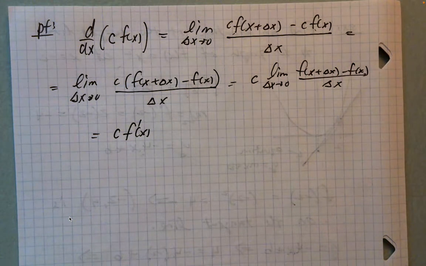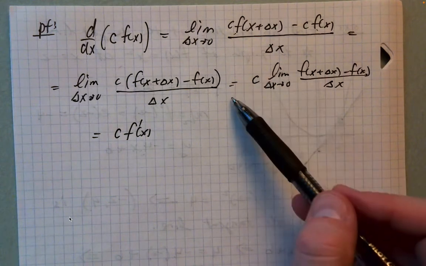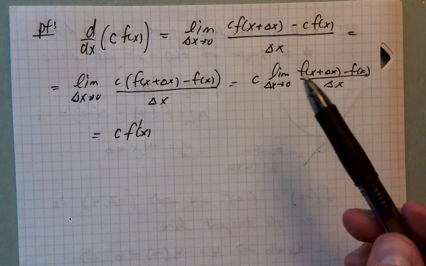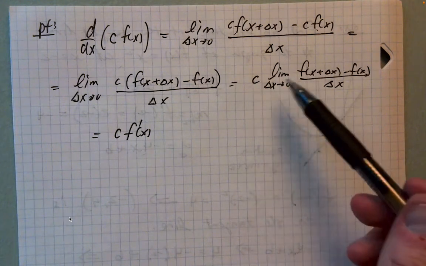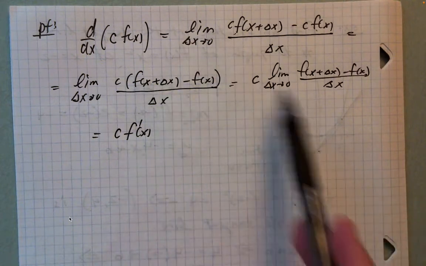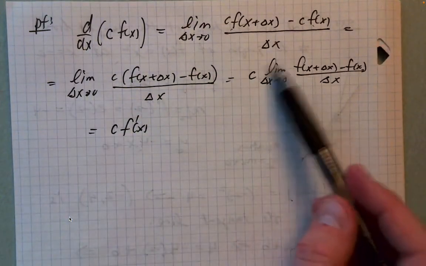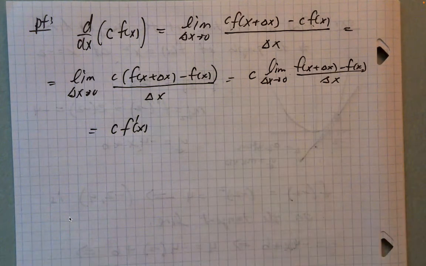So the fact that this works depends on the fact that limits have this property where you can pull a constant outside of a limit and then multiply afterwards, right? And so that feature extends to the derivative by way of the fact that a derivative is based on a limit. All right.